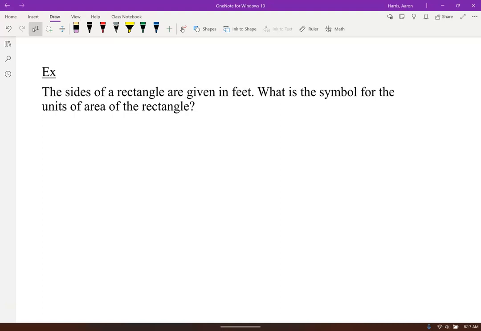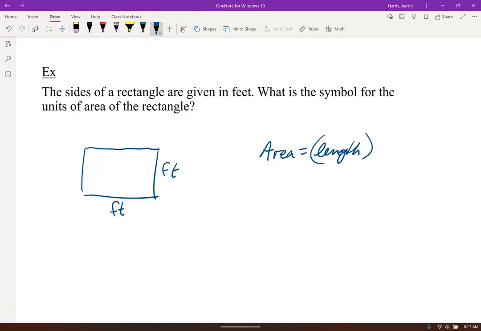All right, last one, and then we'll kind of get working the system. The sides of a rectangle are given in feet. So you have this rectangle, right? It's something feet, something feet. What is the symbol for the units of the area? Well, if you remember, area is length times width, right?